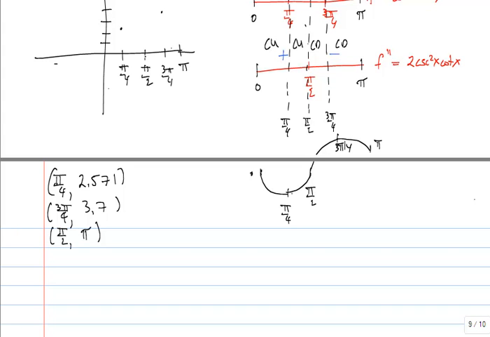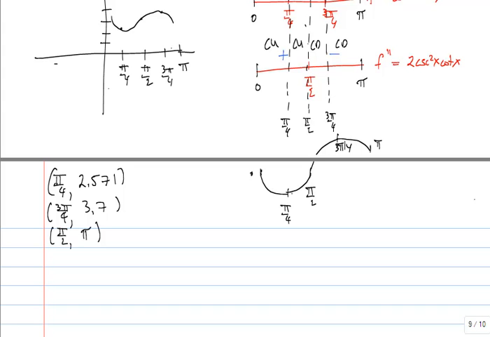And pi over 2 is at pi, which is about 3.1. And we want to have this shape, so we're going to be coming down into this pi over 4 to have that little min, and then we finish arcing up, and then we switch concavity at pi over 2 because we have a point of inflection. Then we arc up to that little max at 3 pi over 4, and then we finish coming down.